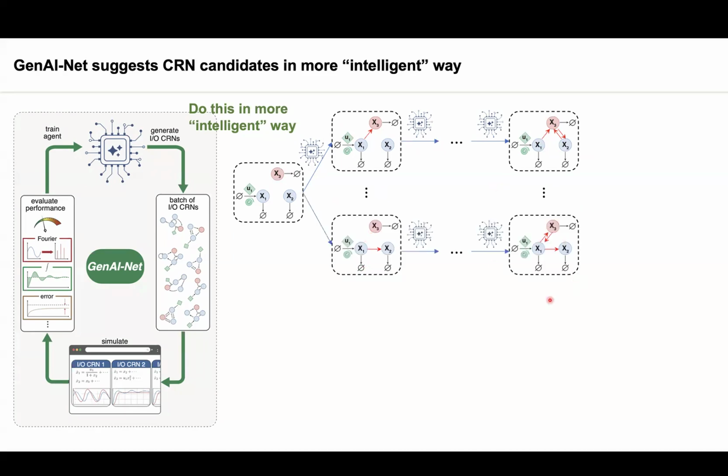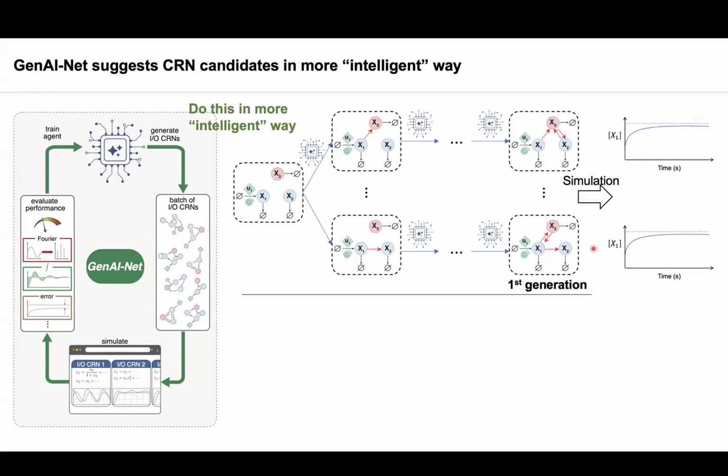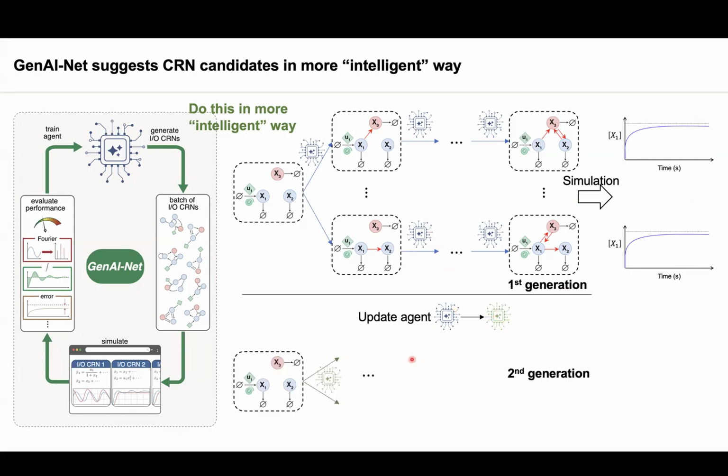And from this terminal CRN, we simulate them and check if they have the desired property. And from the result of this first generation of CRNs, we update this agent and do the same thing. So in this process, the key steps are how this agent chooses the next reaction to append, and how this agent should be updated.